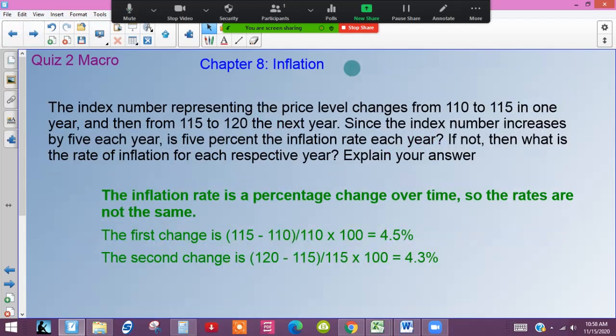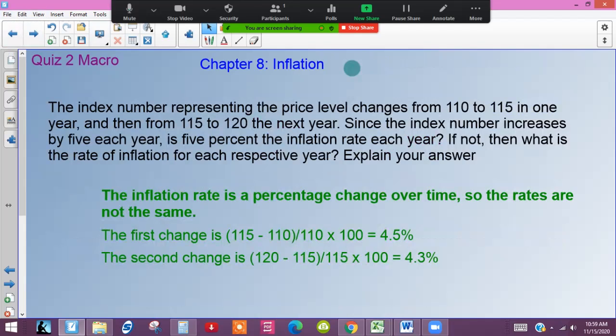So we're looking at calculating inflation using index numbers. So we take one year and make that year equal to 100, right? And we call that our index number.